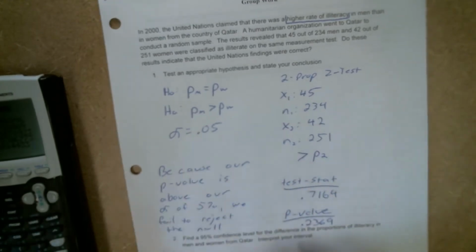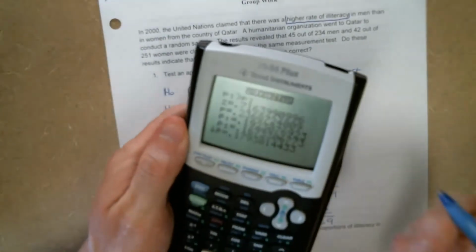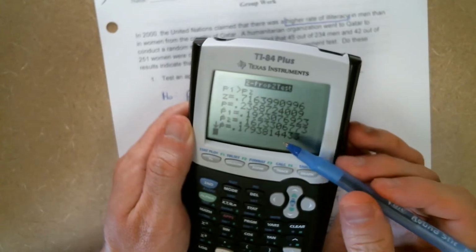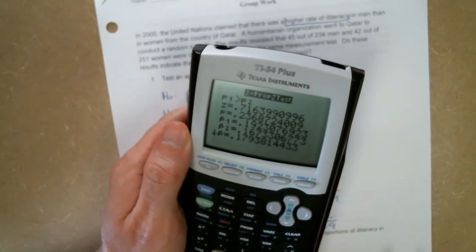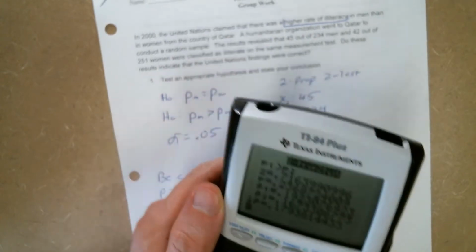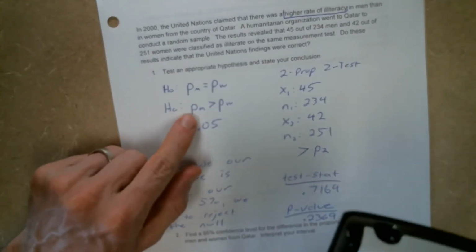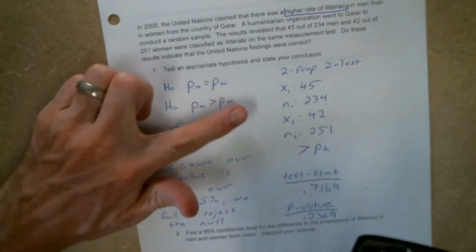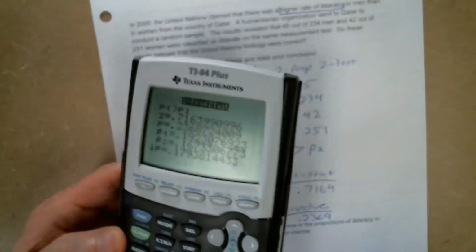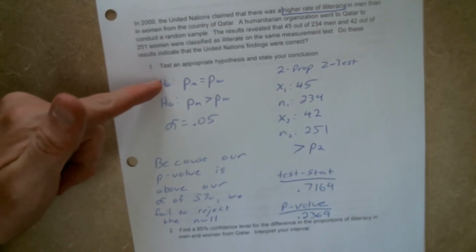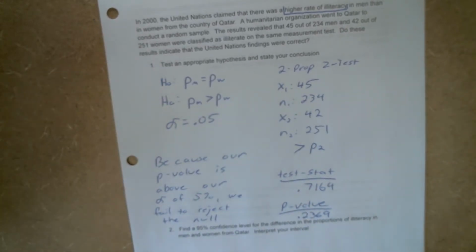All right, so this real world difference that we observed, 19% to 16.7%, was not large enough for us to confidently say that more men are illiterate than women. So we're just failing to reject the premise that the two of them are equal. All right. We had a 24% chance effectively of getting a result like this, assuming this is true. So we can't confidently say that it's not.